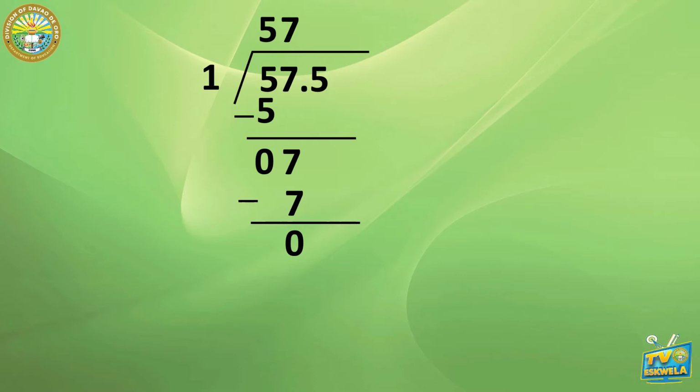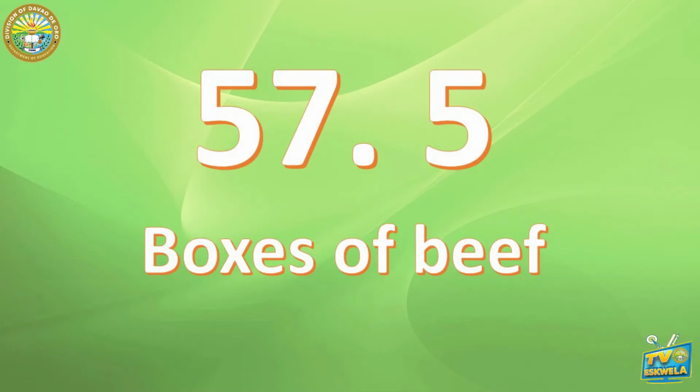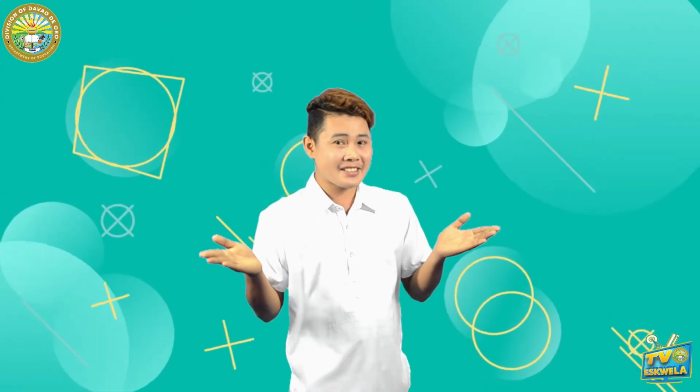Bring down 5. 5 divided by 1 is 5. 5 times 1 is 5. 5 minus 5 equals 0. Next, we will put the decimal point above. Therefore, there were 57.5 plastic boxes of beef. And that's the answer.